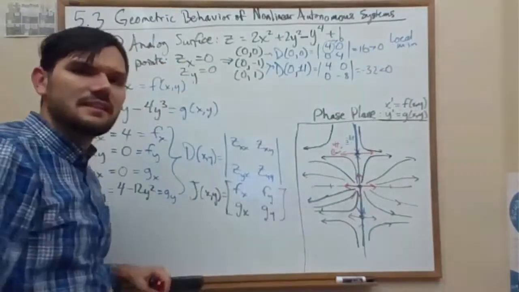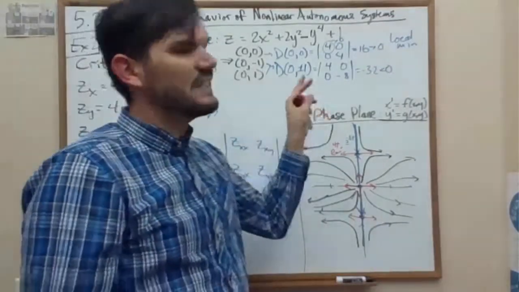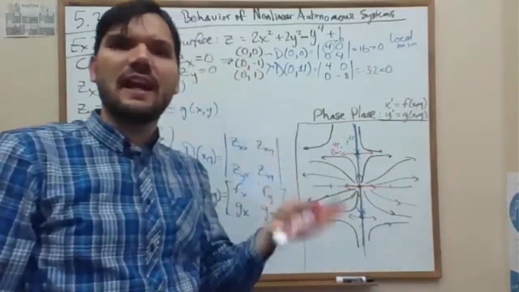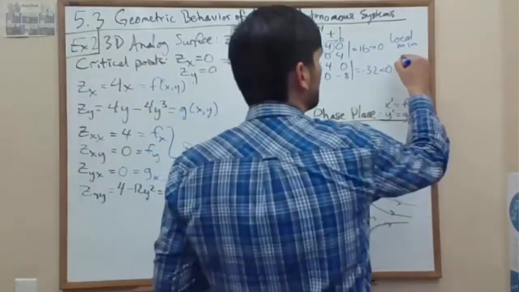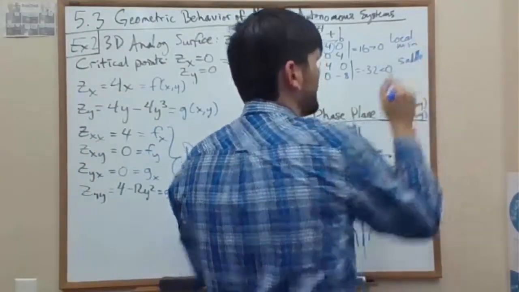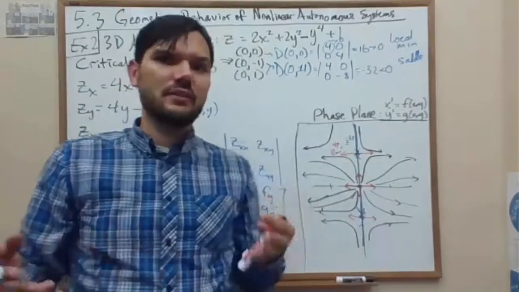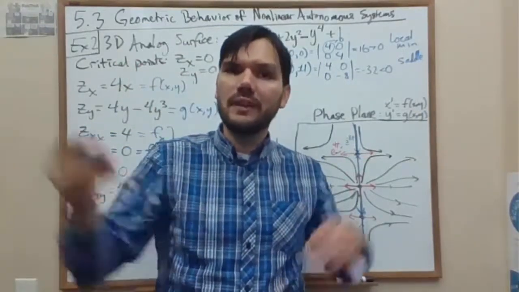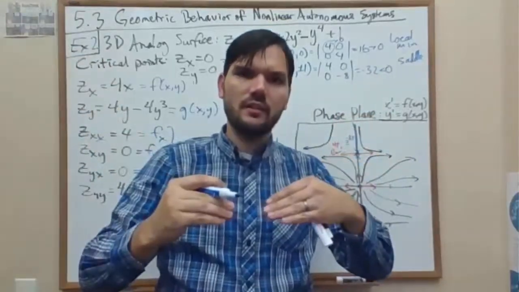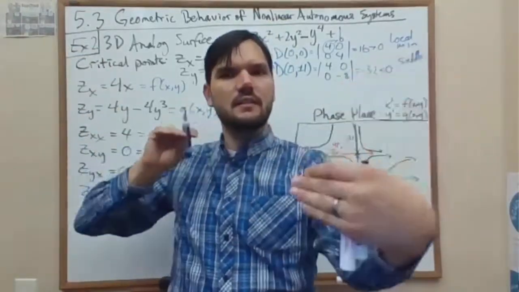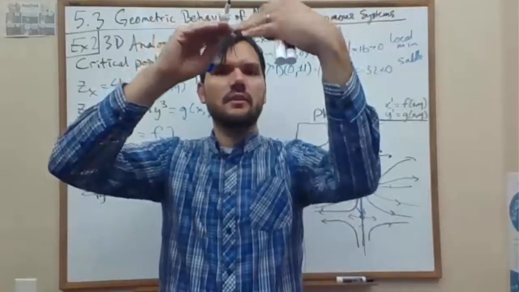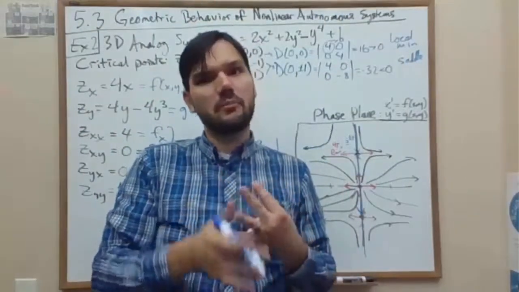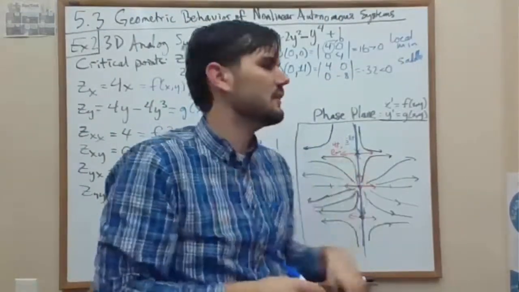And since the concavities disagree, we have a saddle at these two points. And a saddle, in terms of the second derivative test, is a point where it looks like a local min in one direction, but looks like a local max along another direction. You can think of that as a saddle, or a mountain pass, or a Pringle chip kind of shape.